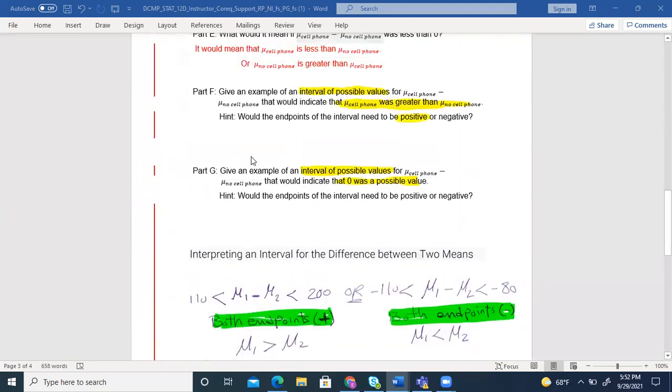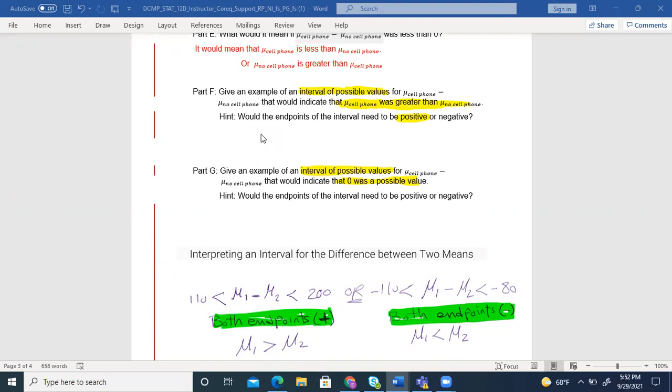So on part F, it says, can you find an example of an interval of possible values? In general, the possible values for the difference would indicate that mu for cell phone, which is the mean for the first population, is greater than mu for the second population.